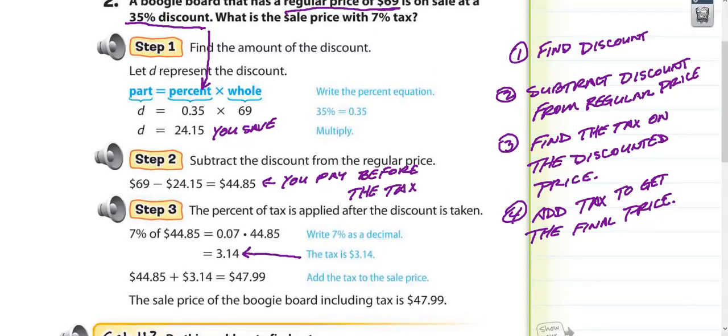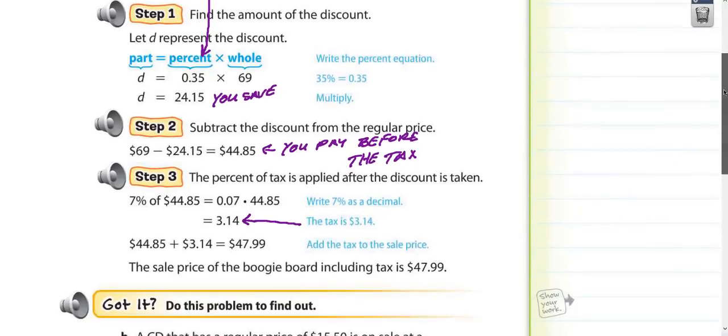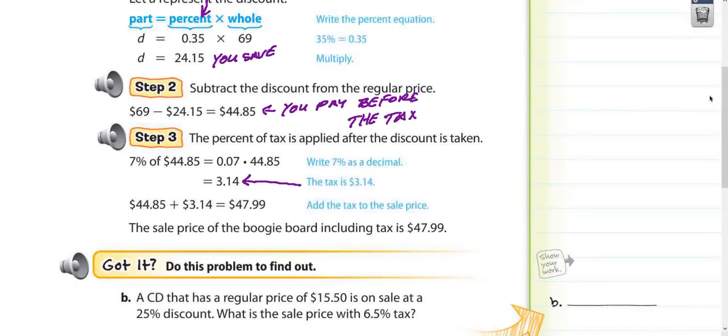If you want to see it again, all you have to do is go back and rewind the video. But I'm going to get rid of all of that. And that's where we're going to do the work for this problem. That'll give us some space. So go ahead, pause the video, work on this problem, problem B, and then turn it back on, and we will have a chance to check your work.